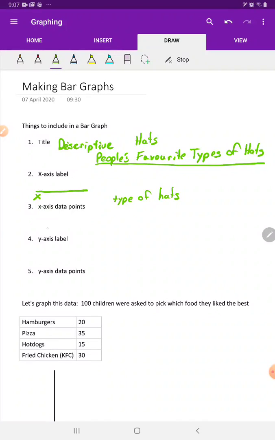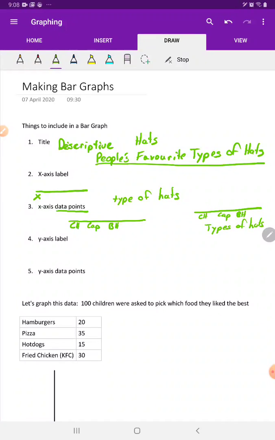And then our x-axis data points, we might say a cowboy hat, a cap, a baseball hat, etc. So your x-axis is going to have two things: your cowboy hat, cap, baseball hat data, and it's also going to have the label, types of hats.